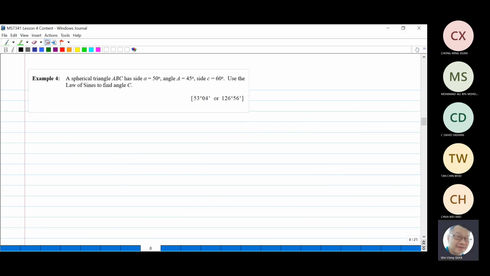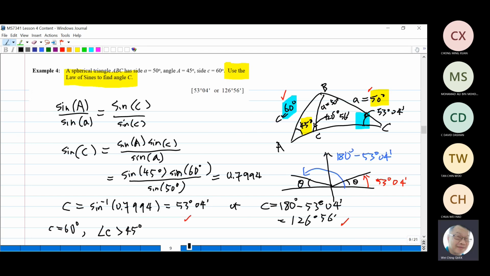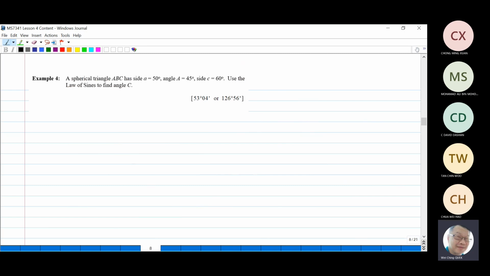Okay, so I have a triangle ABC, right? So you can draw ABC.